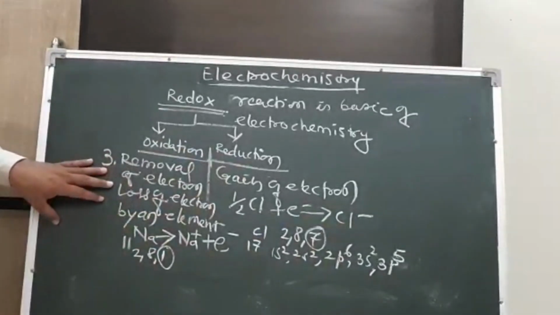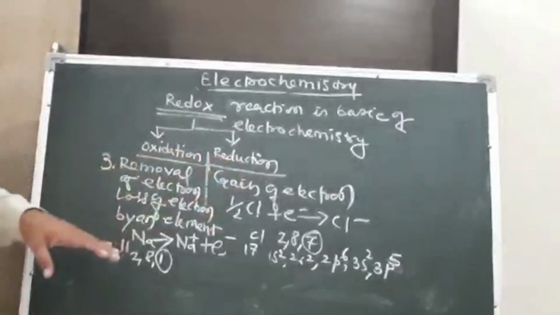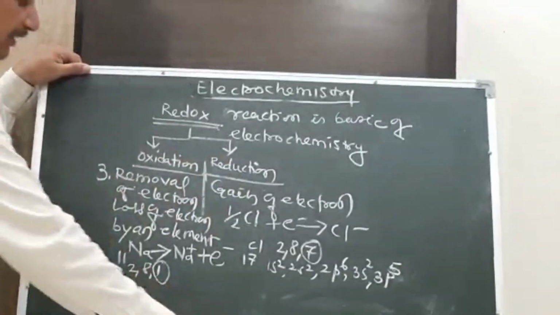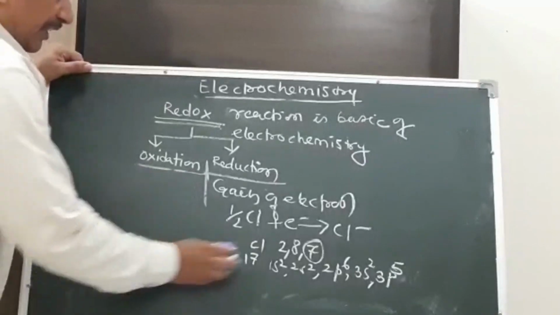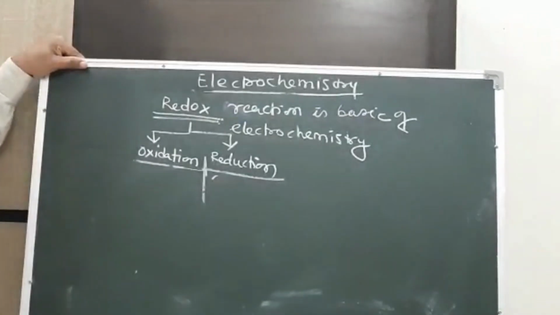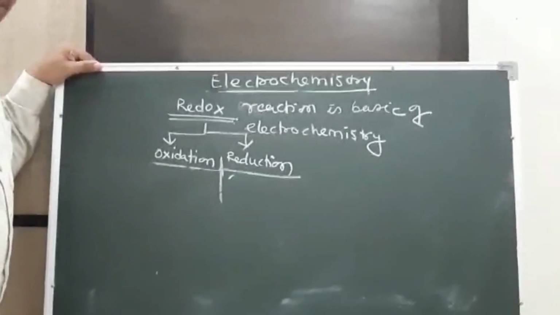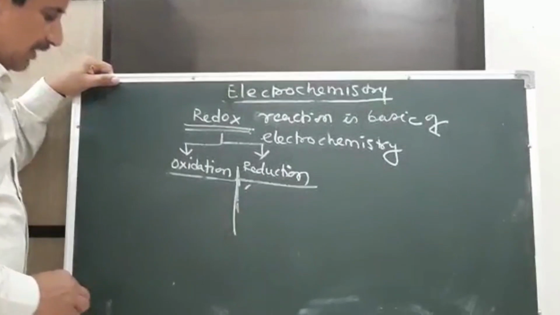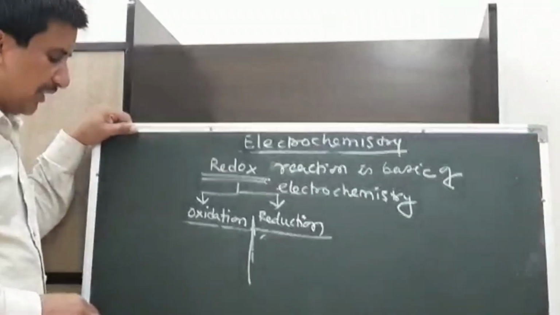In case of oxidation there is loss or removal of electron from any species, and reduction means gain of electron by any species. So whenever there is loss of electron by any species, there will be an increment in its oxidation number. The terminology oxidation number is already read in class 11. Any charge over any species indicates its oxidation number.